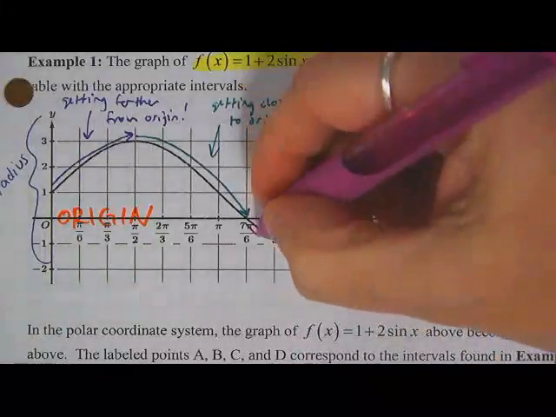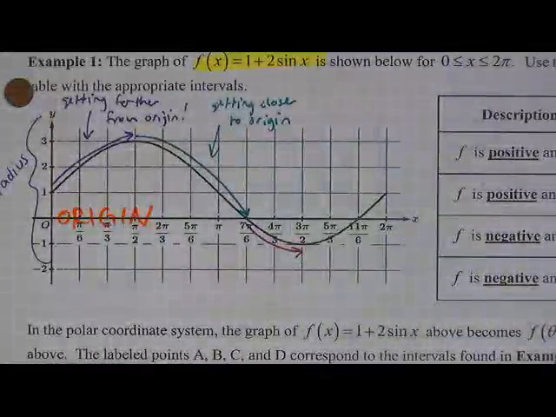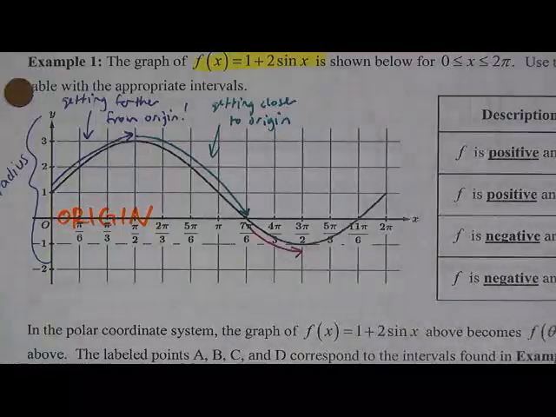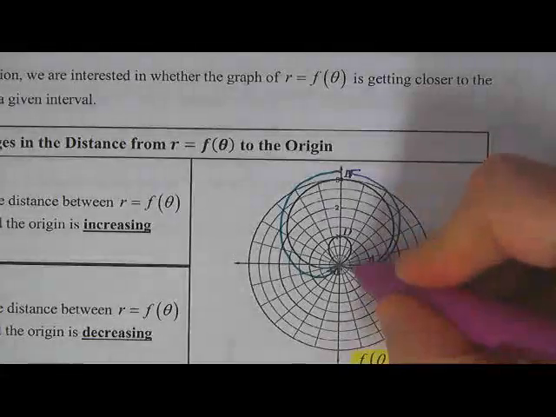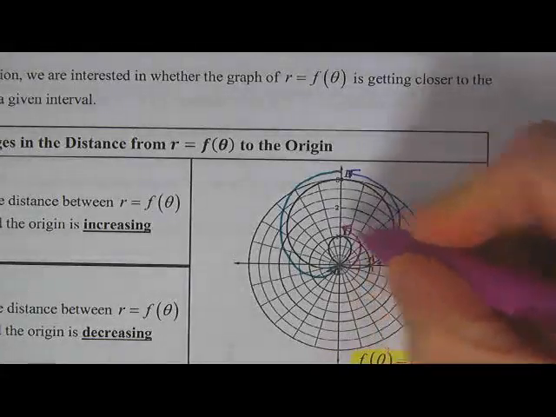There's a small piece of the graph that's now moving farther away from the origin, and then it hits that minimum value from 7/6 pi to 3 pi over 2. Farther away, that's this little piece right here that's starting at the origin and moving to the top of the little loop.